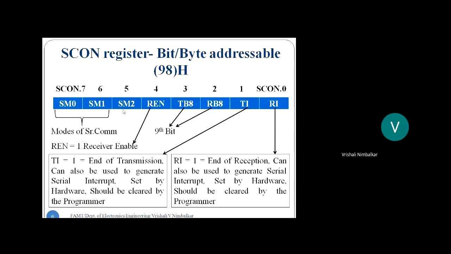Then the next are the mode control bits. SM2 is used during multiprocessor communication, and SM0, SM1 are the mode control bits.